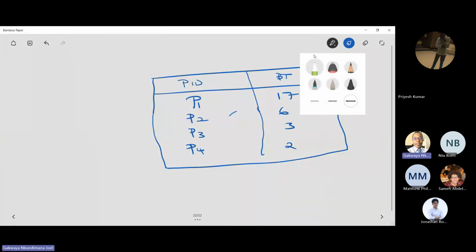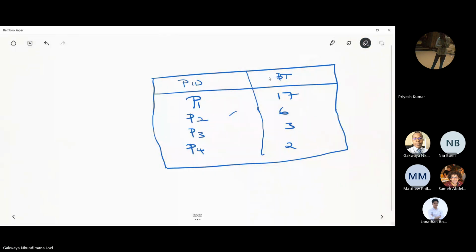We are considering the burst time. You can make a Gantt chart from this by using the burst time. In this case, arrival time has not been given. Remember this shortest, right? So can you create it? Can you make it? Can you create the completion time? I will come and check.